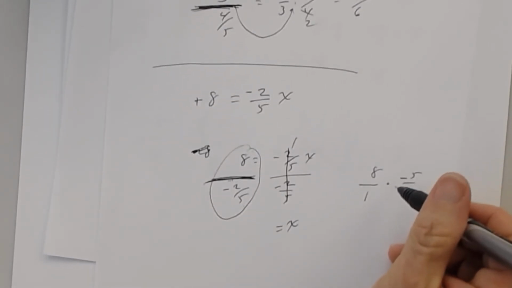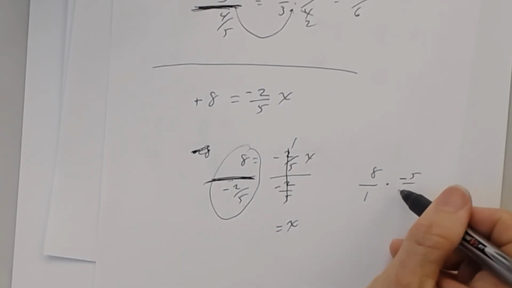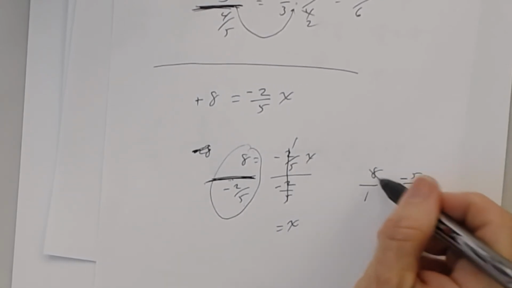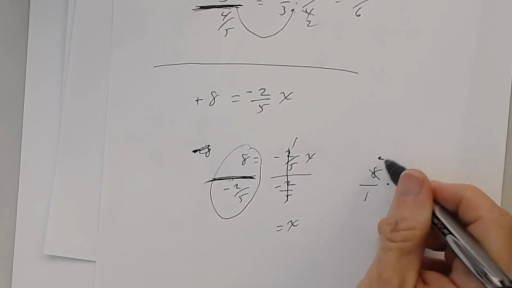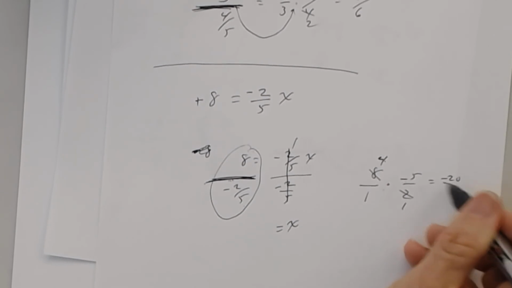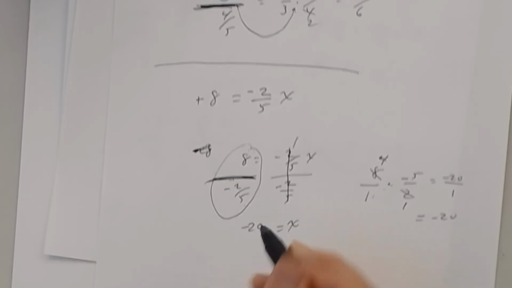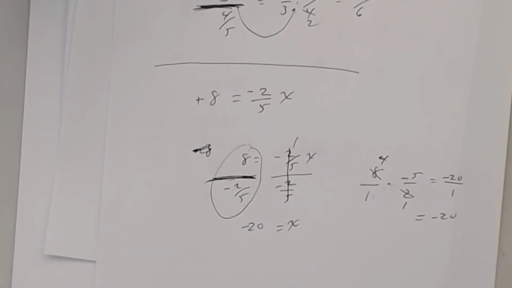If you don't want to reduce first, you don't have to. 2 to 2 is 1, 2 to 8 is 4. 4 times -5 is -20. 1 times 1 is 1, and that gives you -20. So that means that x is -20. That's all you do.